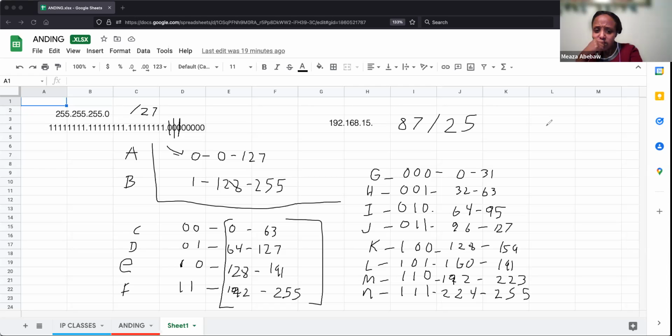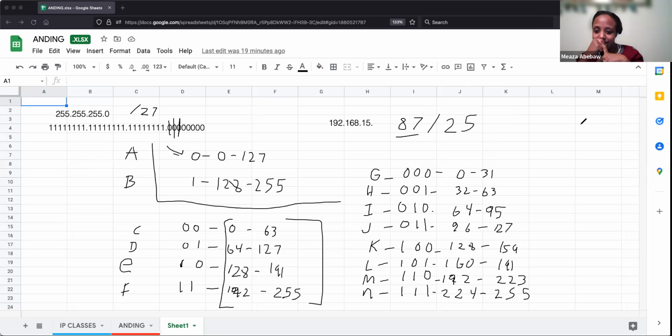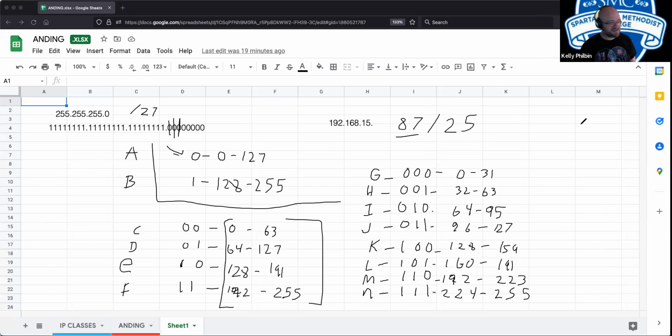G. We're ending in 87 here, and then /25 is your CIDR subnet.